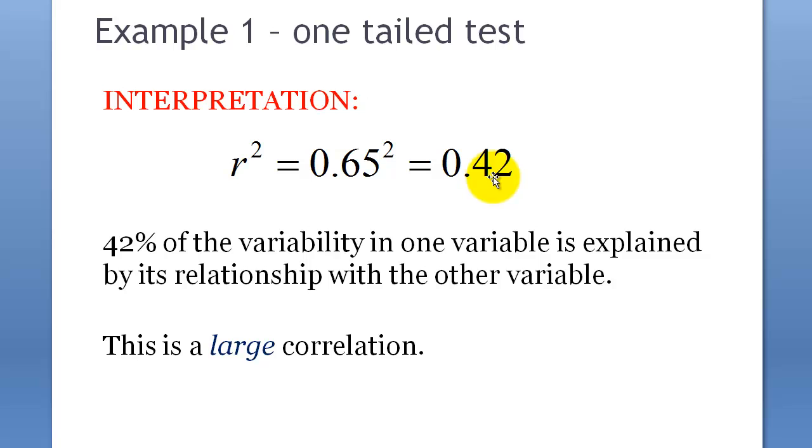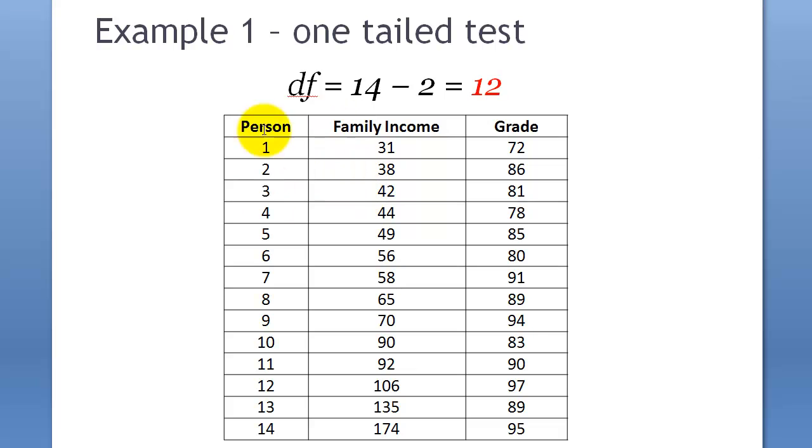So what is 42%? It means that the variability in one variable is explained by its relationship with the other variable. So this and this are related. 40% of all the sampling data.